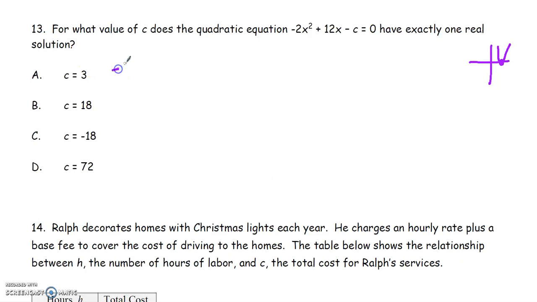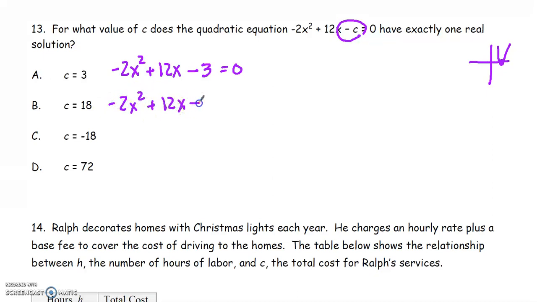So this one is going to be a negative 2x squared plus 12x minus, because notice this says minus my c, and my c is 3, so I'm going to say minus 3 equals 0. Let's go ahead and fill all the other ones in. So I have a negative 2x squared plus 12x minus 18 equals 0.